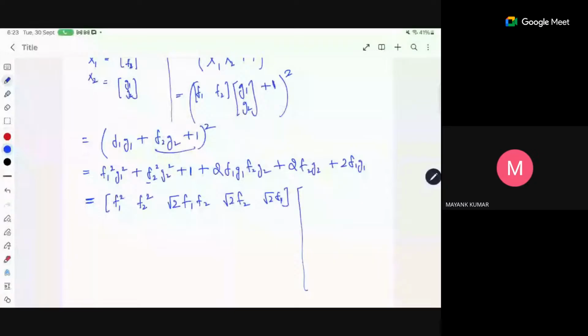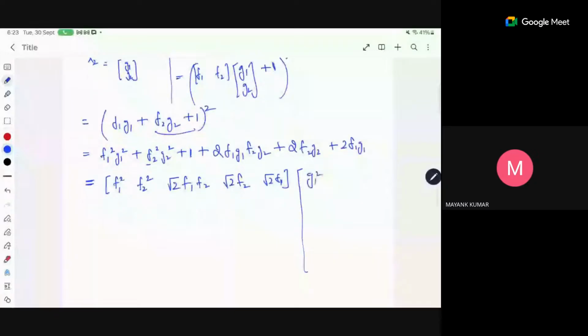Now for the g, we will write g1 square, g2 square, under root 2 g1 g2, under root 2 g2, under root 2 g1. But again, there was this one term, right? So I need to add this one over here. So let's add one here. There will be one on top. This is fine.